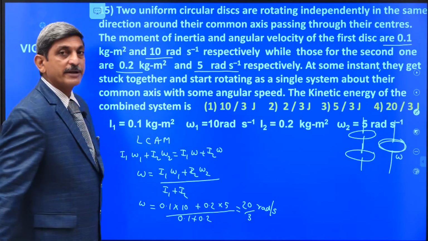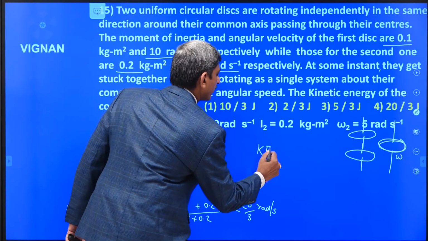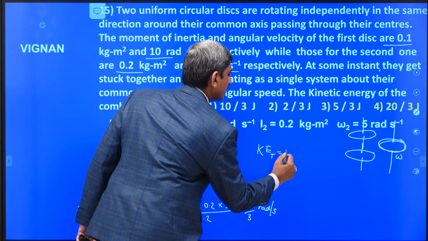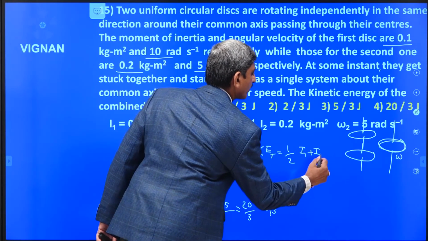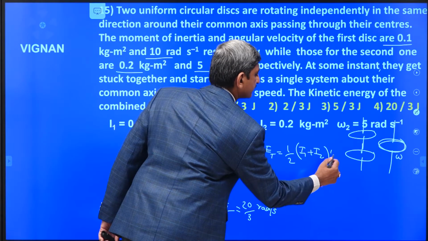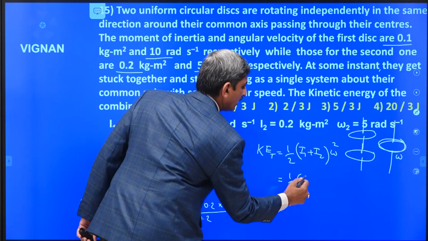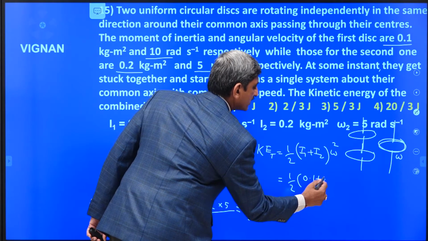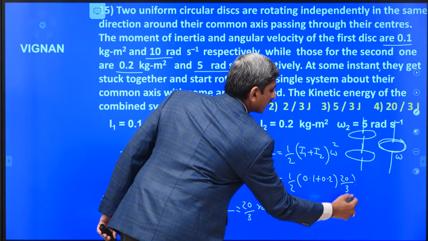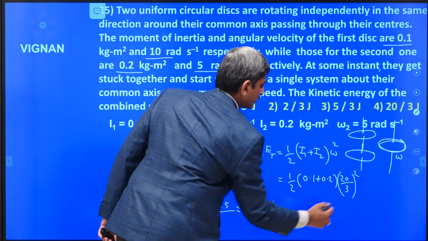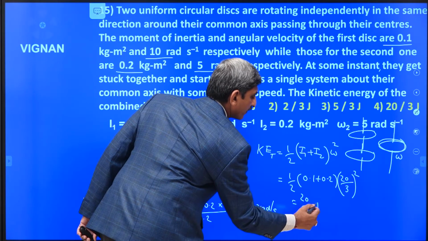By knowing the common angular velocity, the total kinetic energy of the system can be determined by the formula: total kinetic energy is equal to half (I1 plus I2) omega square. So this is equal to half of (0.1 plus 0.2) into (20 by 3) whole square. By substituting, it becomes 20 by 3 joules.